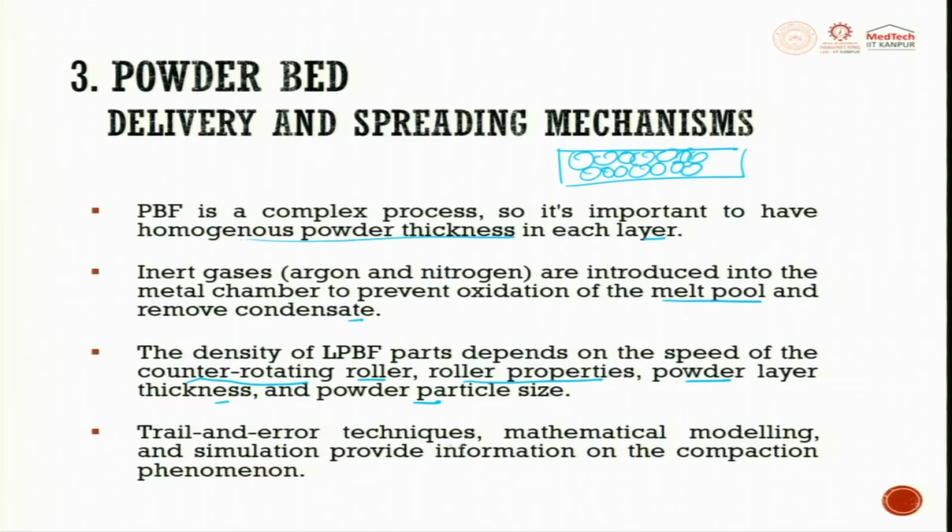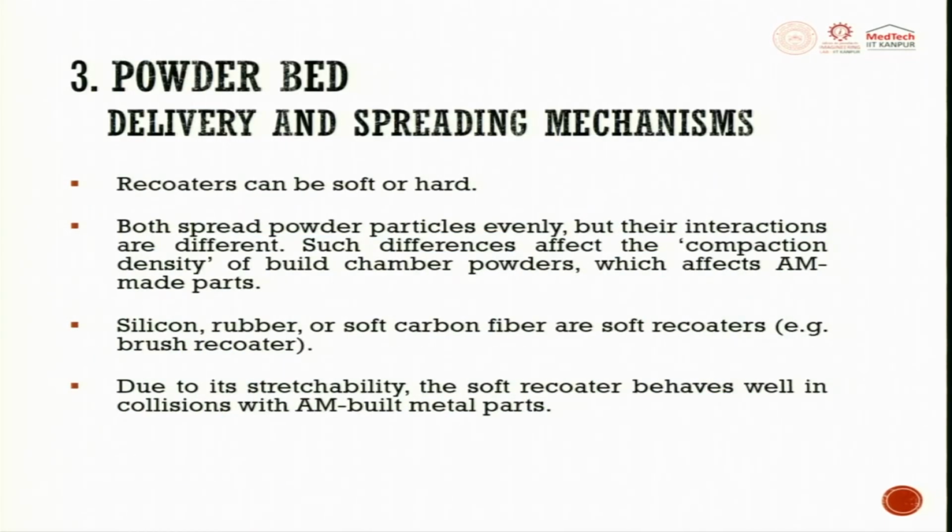Trial and error techniques, mathematical modeling and simulation provide information on the compaction phenomena. A recoater can be a soft or a hard blade or a roller. Both spread powder particles evenly, but their interactions are different.